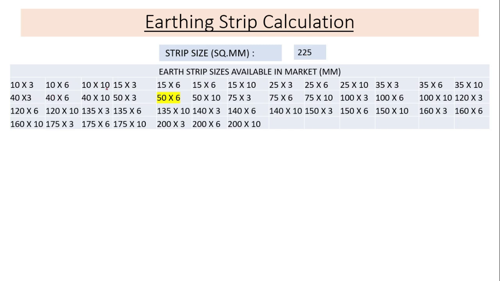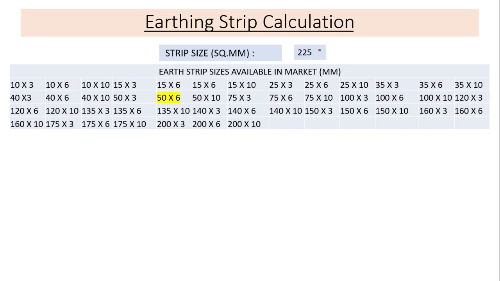Now 15 into 3 means 45. If we multiply up to here, 50 into 3 only becomes 150 square mm, but here we have to go up to this value or above that. So 50 into 6 means 300 square mm, which is exactly above this value.